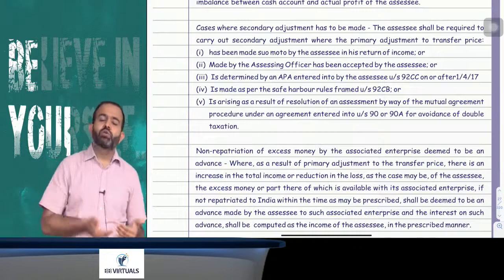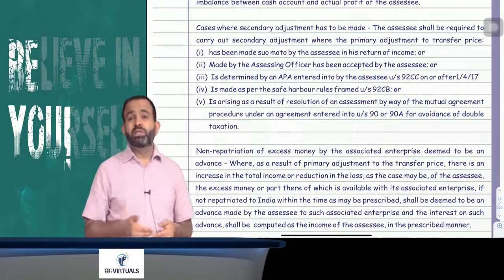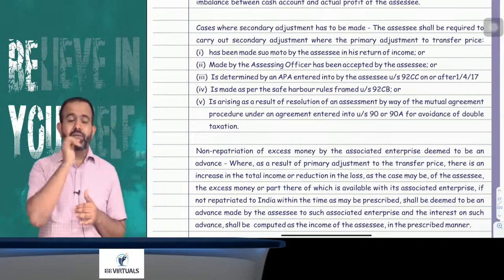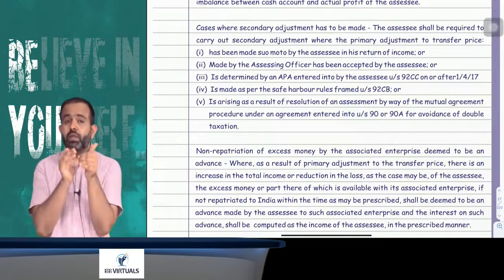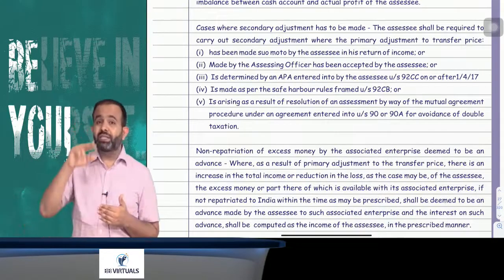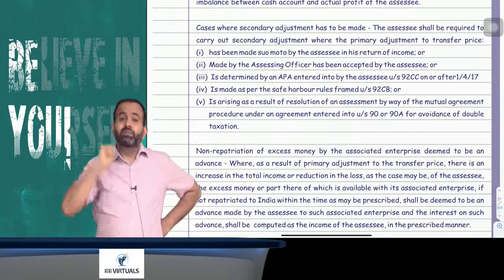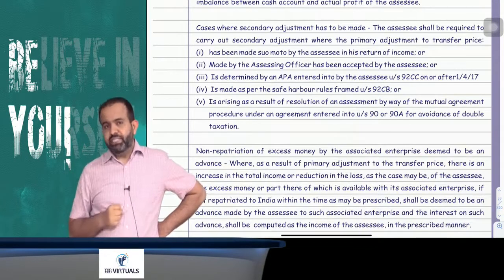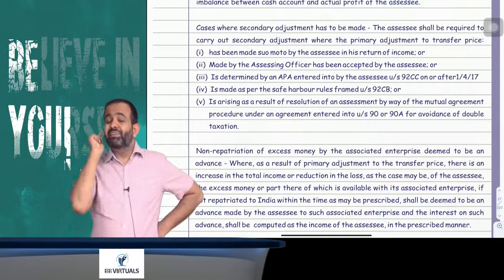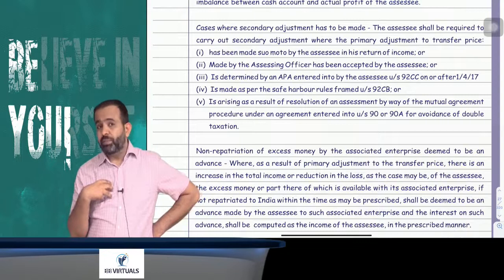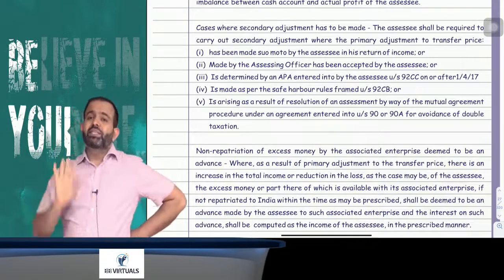Now the question is, what is the meaning of the MAP? What is the meaning of the mutual agreement procedure? So let me take one example, just understand that. Suppose I am having some income from an associate enterprise and my associate enterprise is located in Mauritius. Mauritius and India have a DTAA. But Mauritius is not giving the DTAA benefit to me. Mauritius should give the DTAA benefit to BB Limited, but it is not giving it.